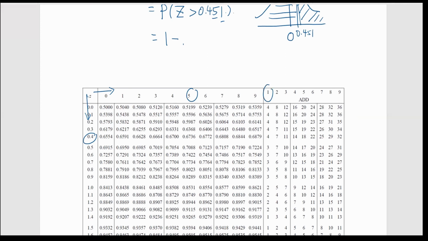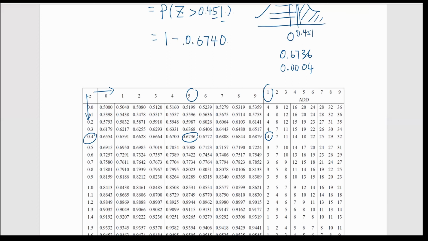What is the intersection here? 0.6736 and 4. So which means the 4 here is the last digit of 0.6736. So we are looking at 6736 plus 0.0004. So what are we getting? 0.6740.